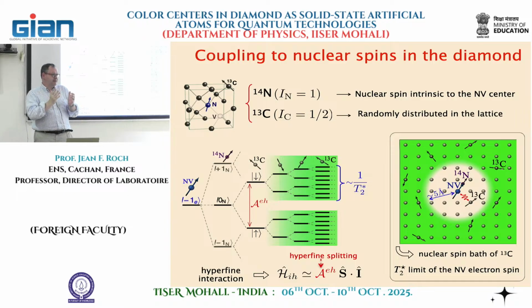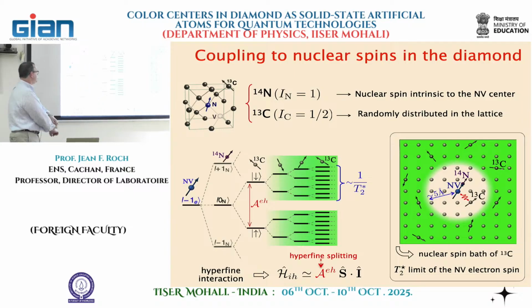There will be this hyperfine interaction. But it's more complicated than what I have said, because the interaction is not strong enough, and you cannot do the secular approximation. So you have to take into account the full tensor component of the coupling. And that's a little bit more complicated.